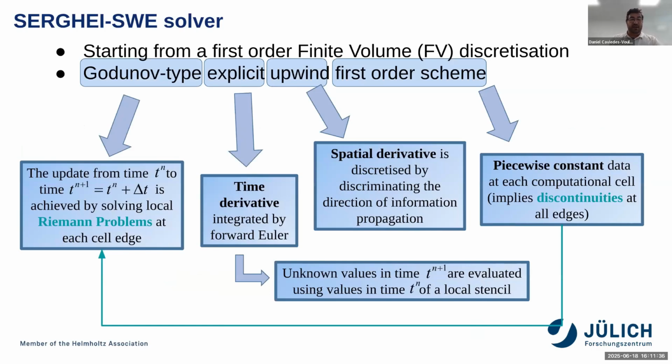Godunov in the sense that we integrate in finite volumes in space, and we compute fluxes across edges of cells, solving local Riemann problems. And then, of course, we integrate the time derivative forward in time with a first order explicit Euler scheme. That's essentially it. So it's nothing particularly fancy in that sense.